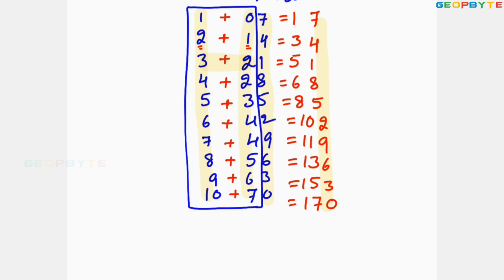Similarly, let us go for another table, 34 table. For this, what you need to do, you need to write the 3 table and 4 table separately.